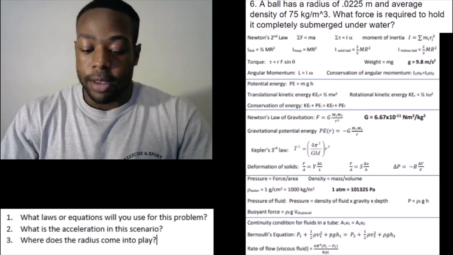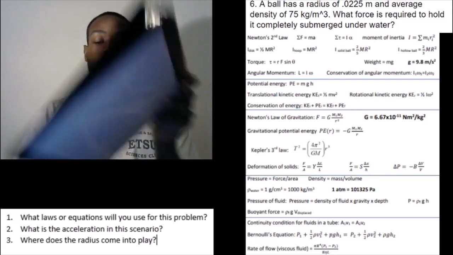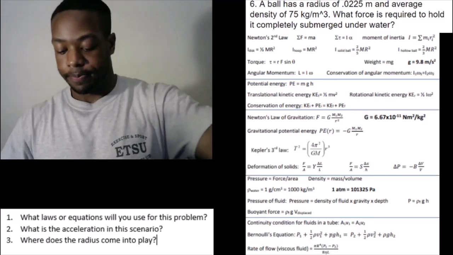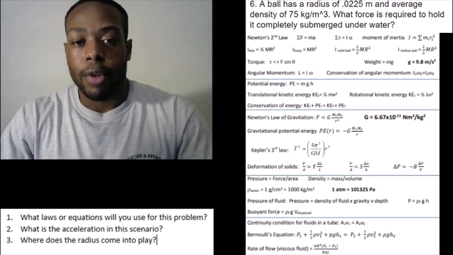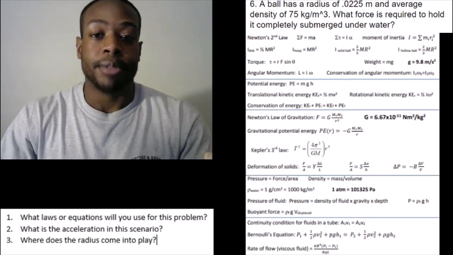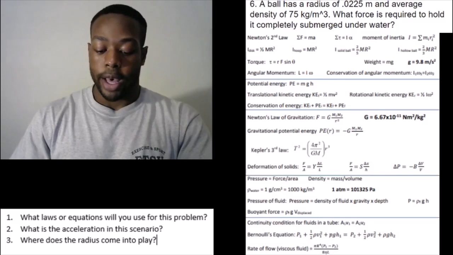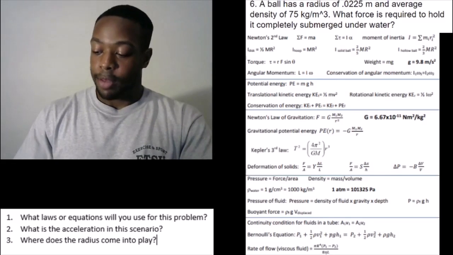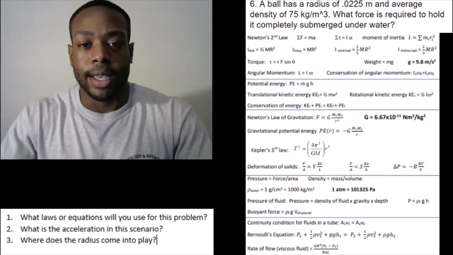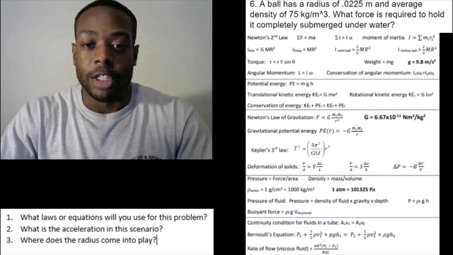We've got the radius, and we'd use the radius to figure out the volume, because the volume of water displaced is going to be the volume of the object. So we've got all that. And I think the main idea beyond that is, how do we use the radius to get the volume of the object and of the displaced water?